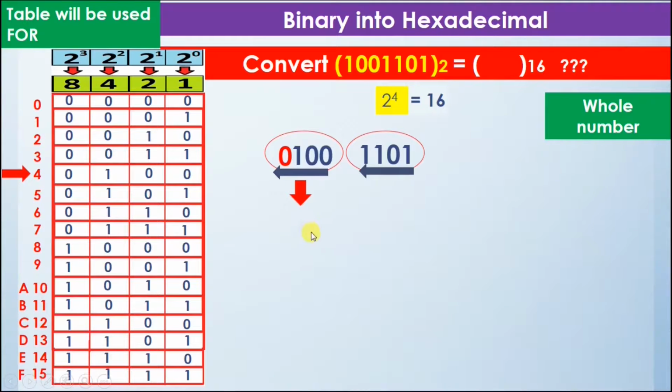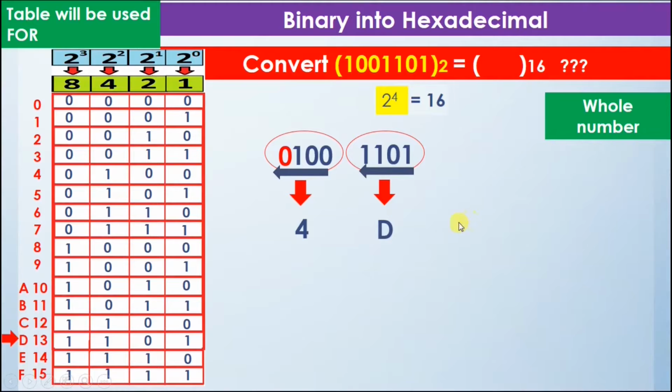So we write 4 here. Next we have the group 1101 and we will find it in the table. Here is 1101 in the table and it is equal to which value in hexadecimal? That is D. So we write 1101 as D.